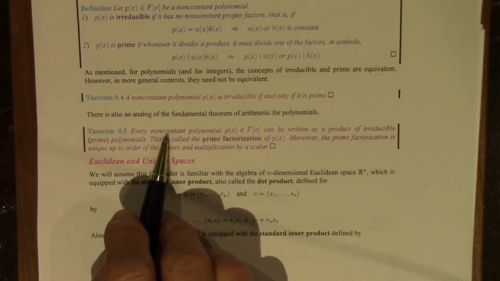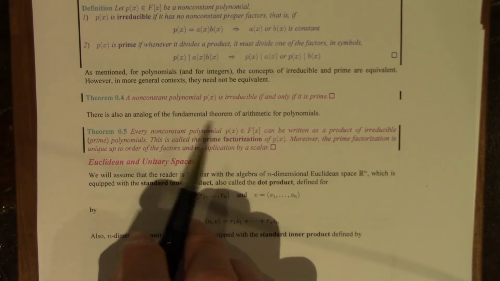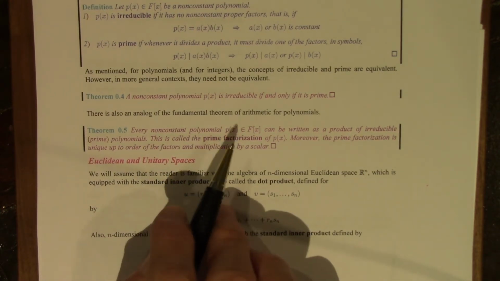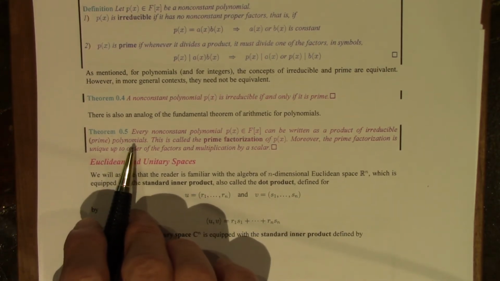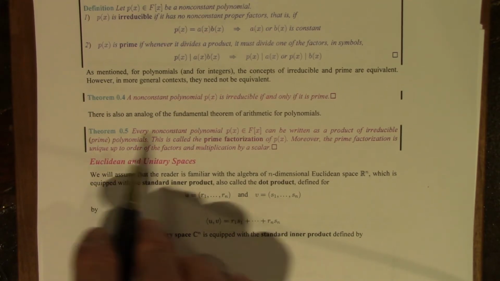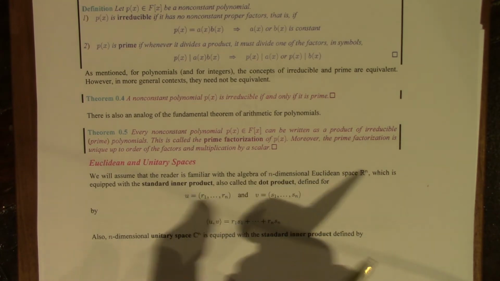You can also apply the fundamental theorem of arithmetic, which holds for polynomials. Every non-constant polynomial can be written as a product of irreducible, or equivalently prime, polynomials. This is called the prime factorization of the polynomial.